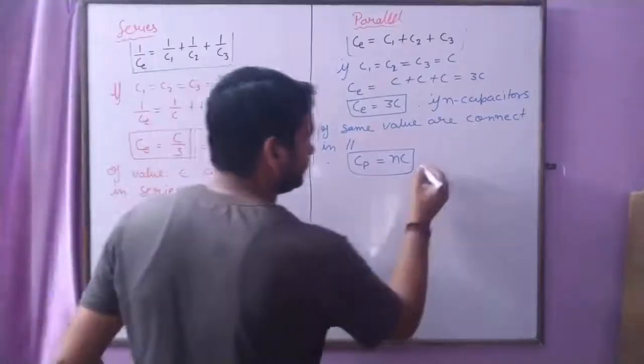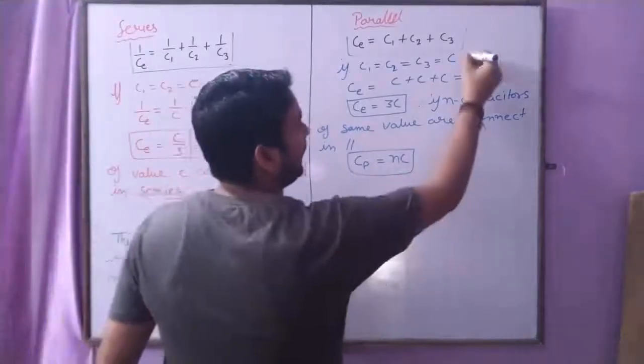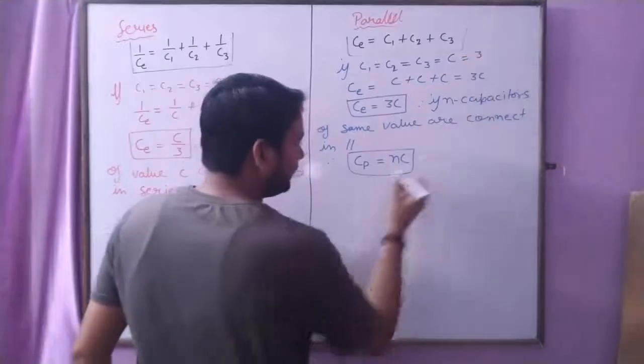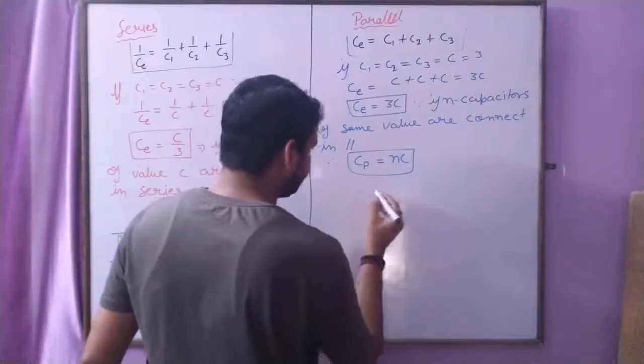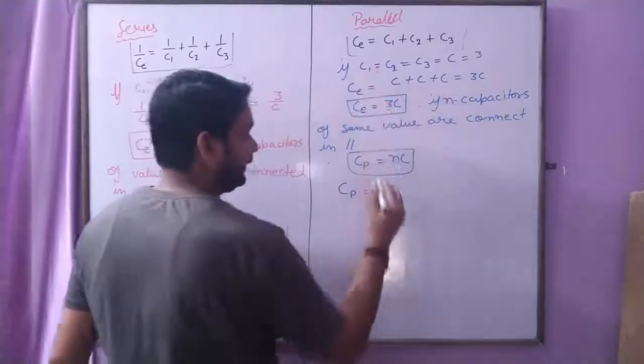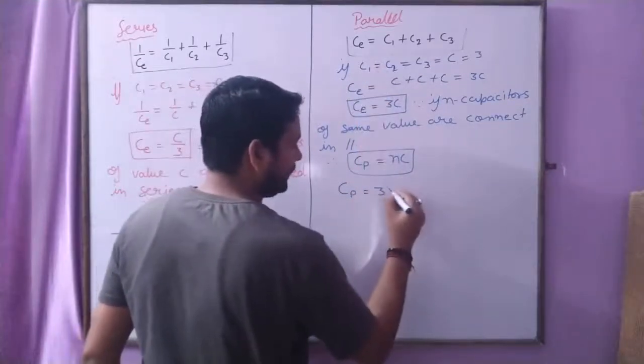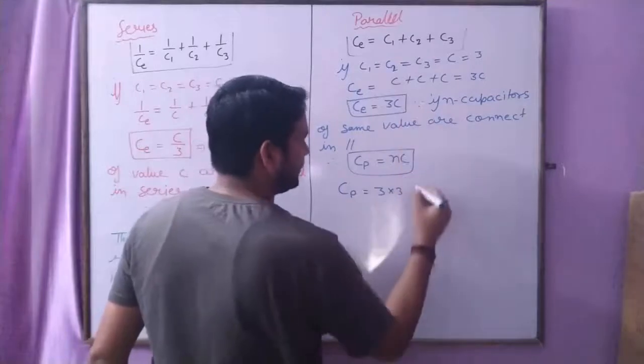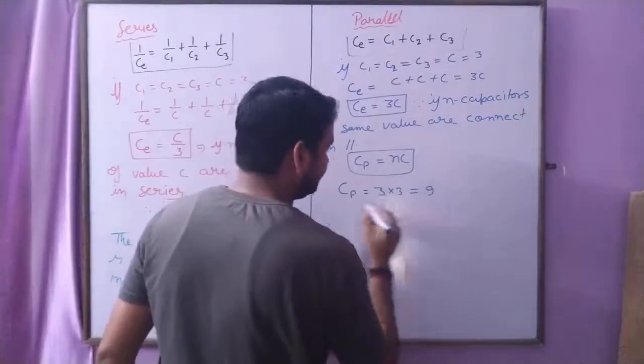Therefore, if every value of C is 3, then we get the result Cp is equal to n, which is 3, times the value of C, which is also 3. By this we get the result 9.